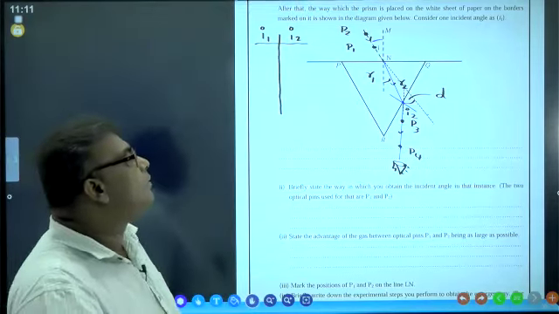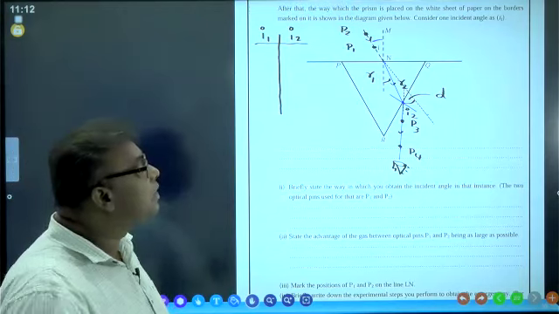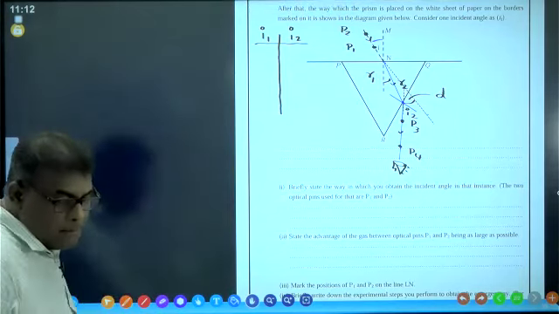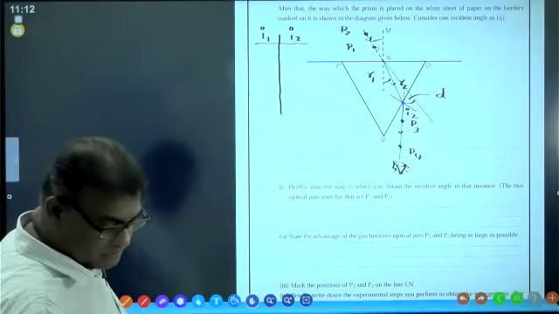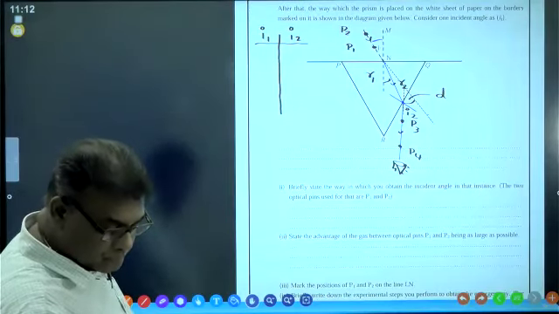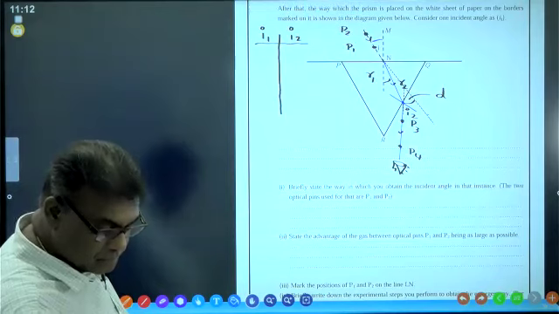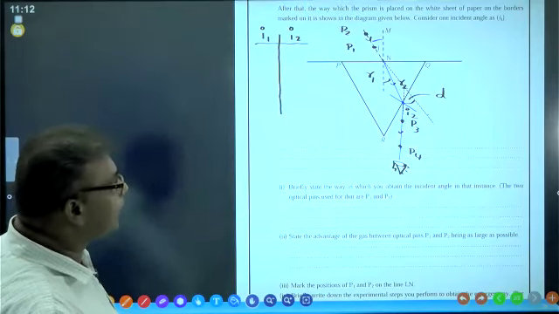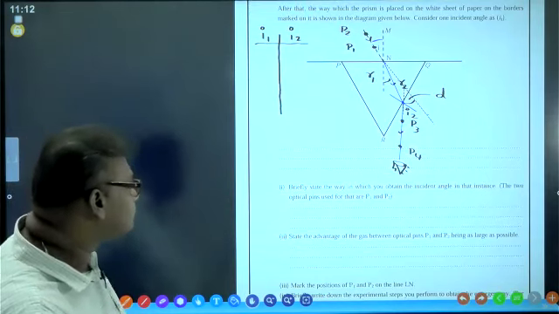And draw the perpendicular line to MN at the point of incidence. Okay, right? Clear. Next one.